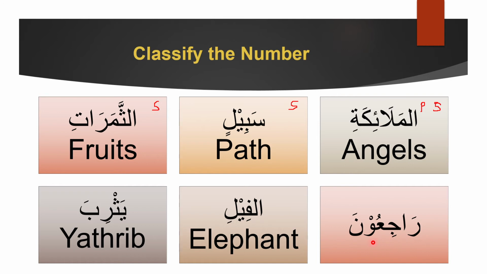Next, raji'una. Come on, plural. Masculine plural. Next, al-fili. Clearly ending sound, singular or broken plural. Elephant is singular. So this word is also singular. Next, Yathrib, it's a name of a city, that's singular.